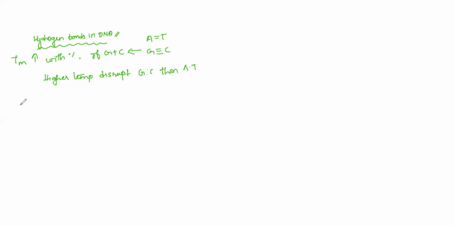So you can say that GC helps to stabilize the DNA structure more than a base pair with thymine. Right, so this is all about the hydrogen bonding, which is something you know. I just penned the point out as a point.